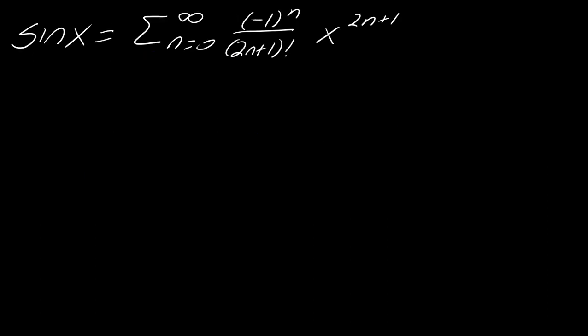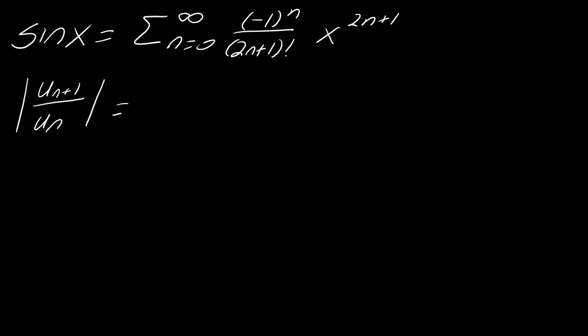Okay, so I have this series here. So let's just talk about what the interval of convergence would be. If you don't know, it is a power series, so just do the work to figure it out. So what I need to do is take the (n+1)th term divided by the nth term.